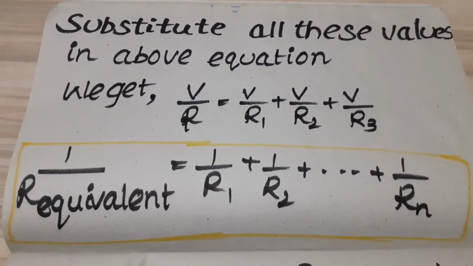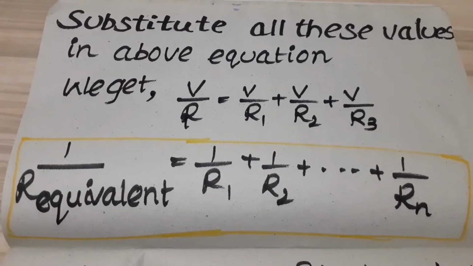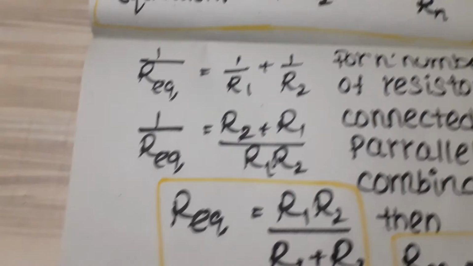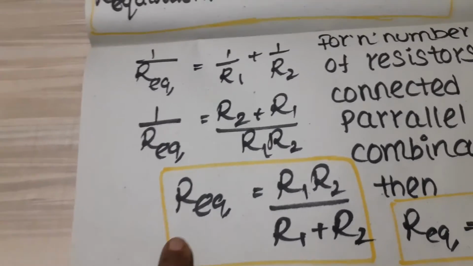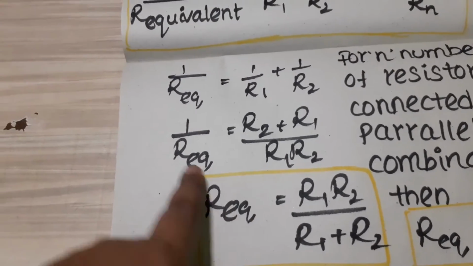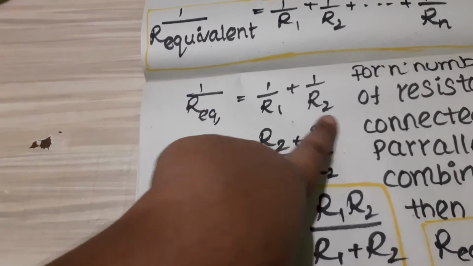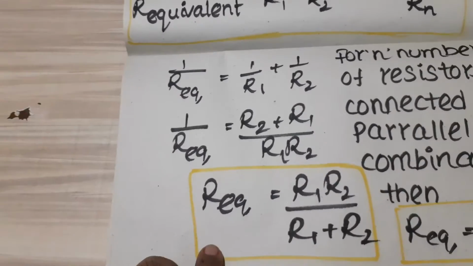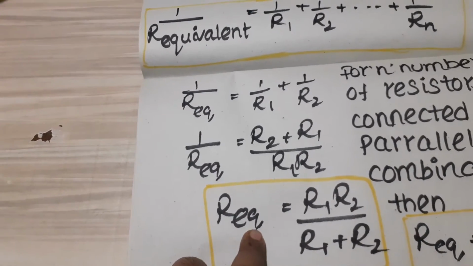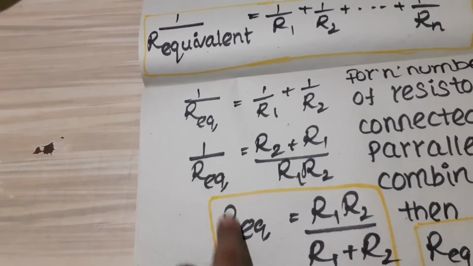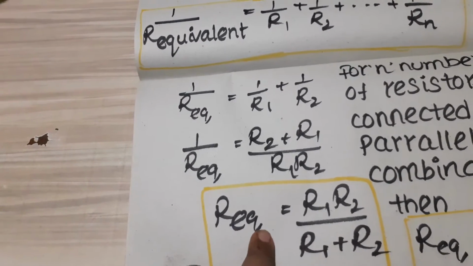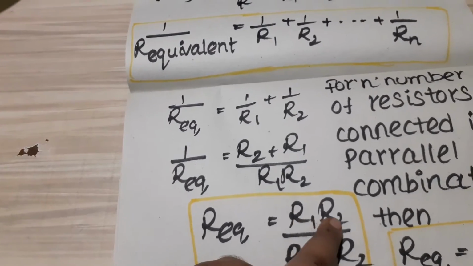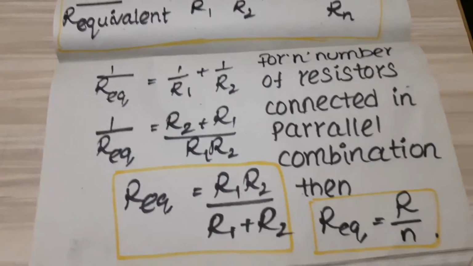This is the 1 by R equivalent resistance, but I want the resultant equivalent resistance Req. I am going to take the LCM R1 R2, so R2 plus R1 over R1 R2. I want the equivalent resistance, which is the reciprocal of this value: R1 R2 by R1 plus R2.